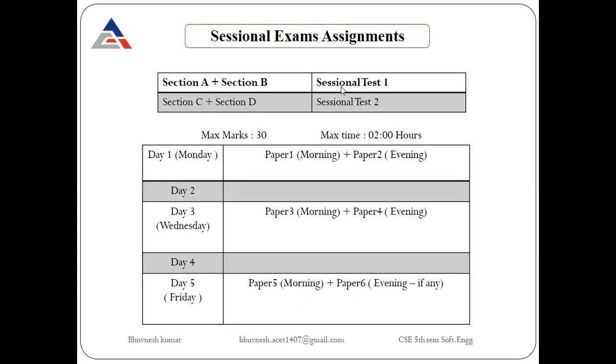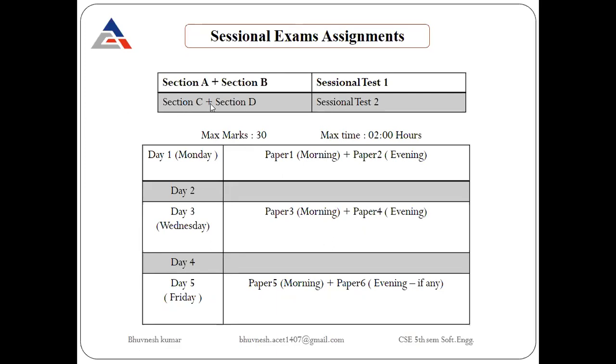Okay, then there is a sessional exam, that is your MST1. Section A plus section B, meaning part 1 and part 2 combined, from both sections you will get your questions, and that is your sessional one, MST1.